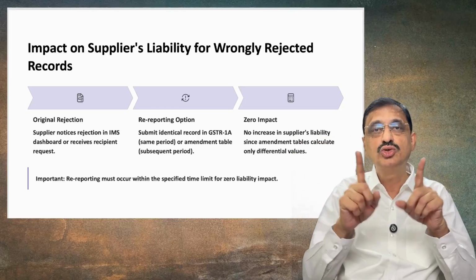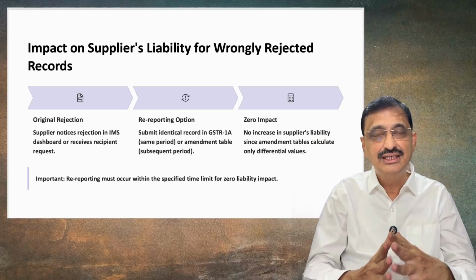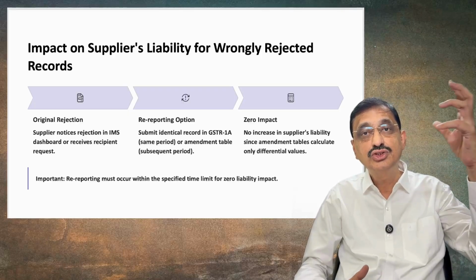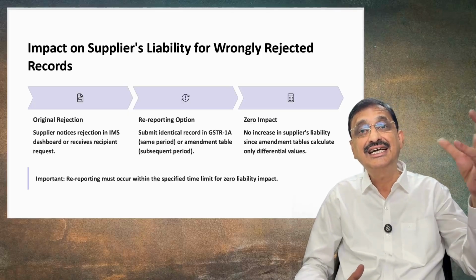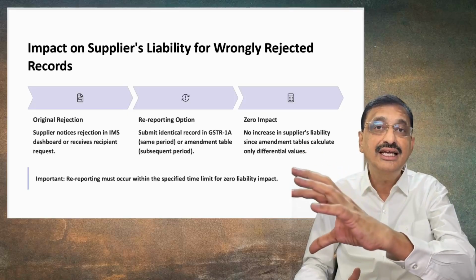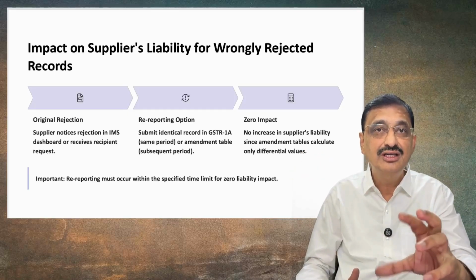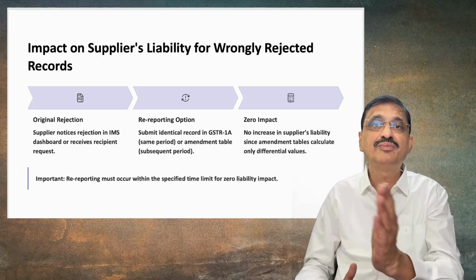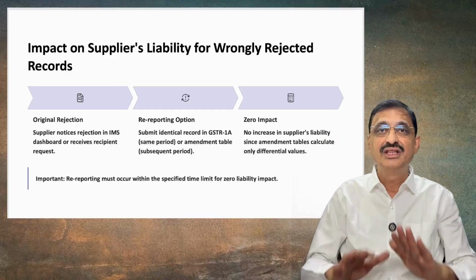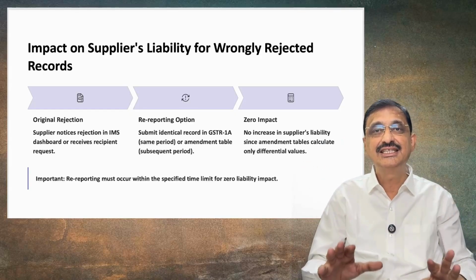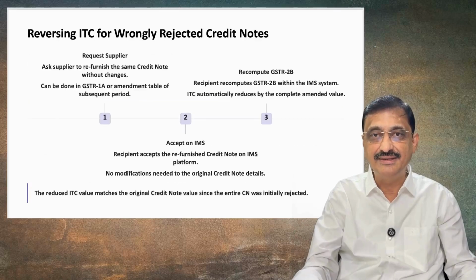Since there is no difference in the tax liability, the original invoice which got rejected is simply re-uploaded in 1A, the amendment table of 1, or the IFF statement of the subsequent period. Therefore, there will not be any change in the supplier's liability.